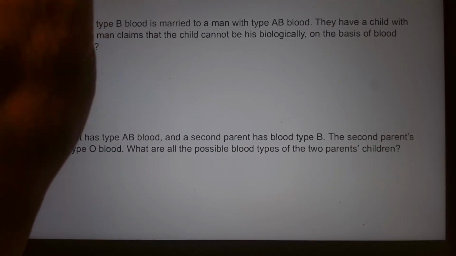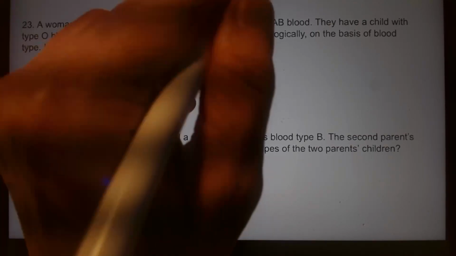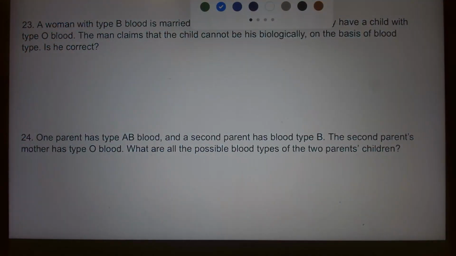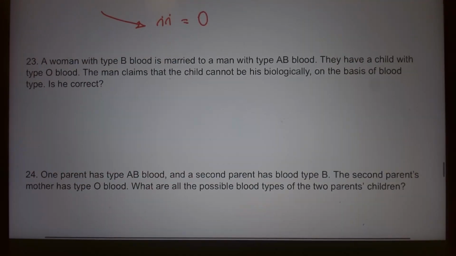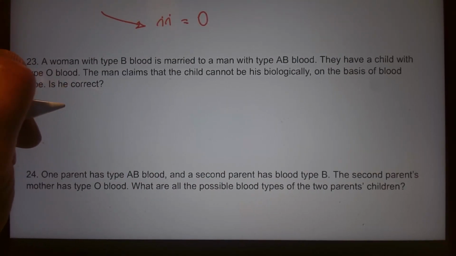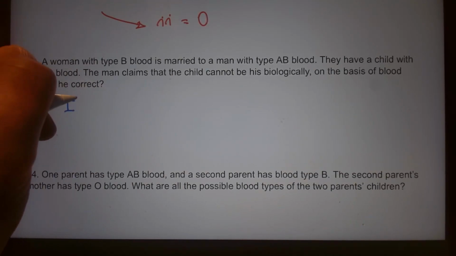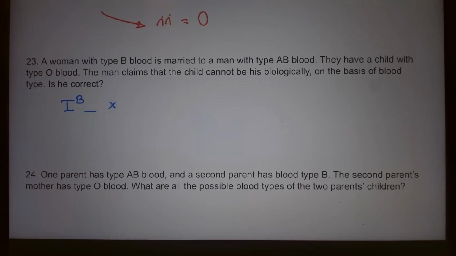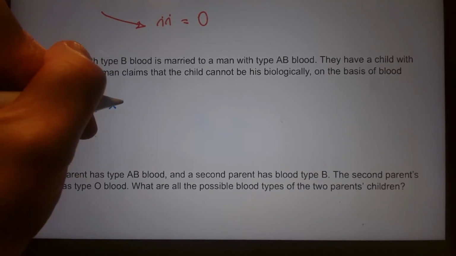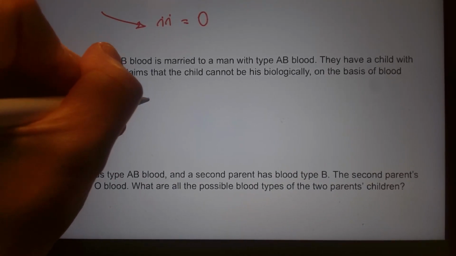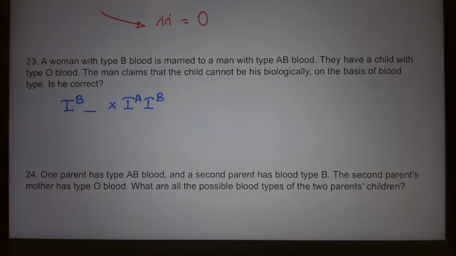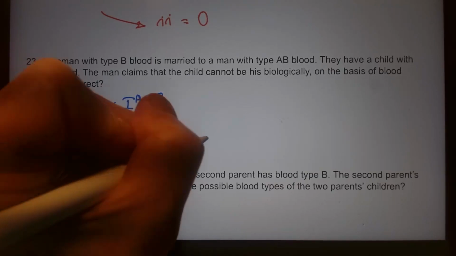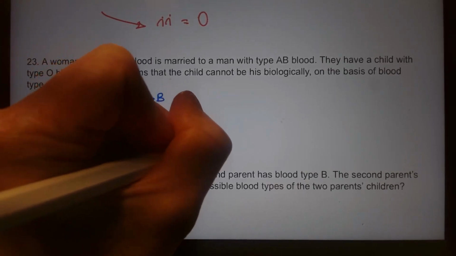Okay, next one. A woman with type B blood, I^B something, because we don't know, is going to marry a man with type AB blood, so I^A and I^B. They have a child with type O blood, so it's going to be ii.